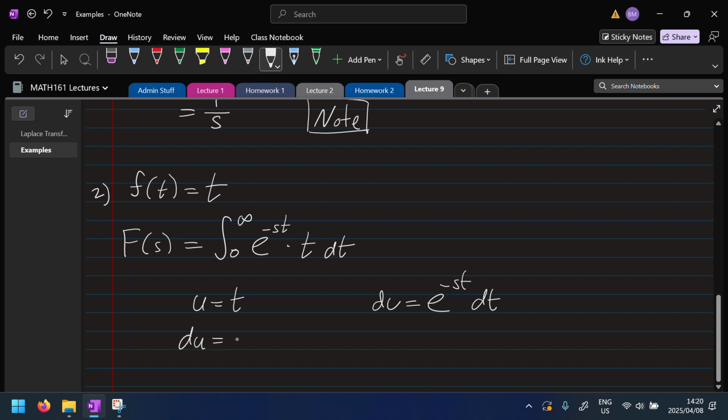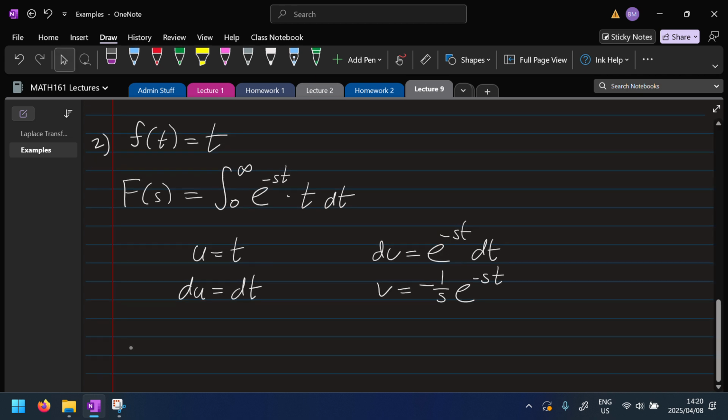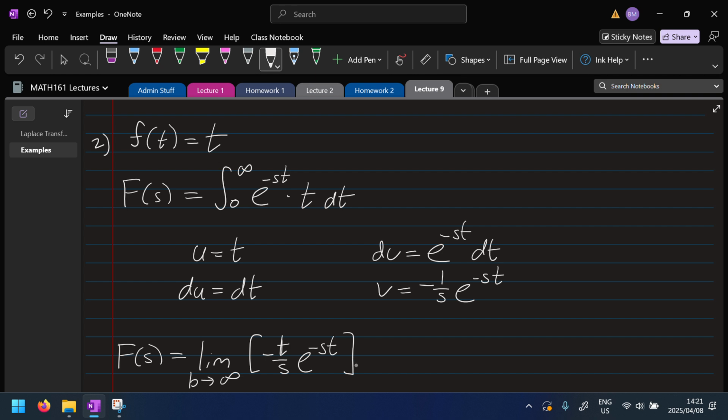So du will be dt, and v will be minus 1 over s, e to the minus st. So F of s is going to be the limit as b goes to infinity of uv, so that will be minus 1 over s, t, e to the minus st, from 0 to b. Then we have minus and a minus, so plus 1 over s, integral from 0 to infinity of e to the minus st dt.